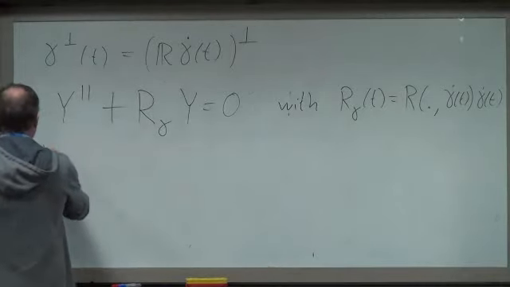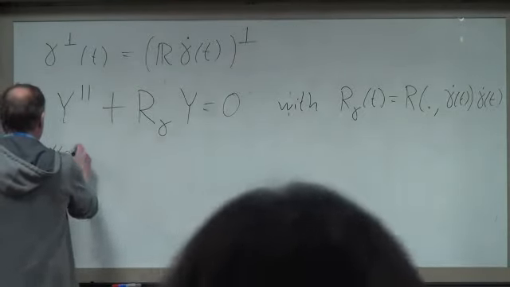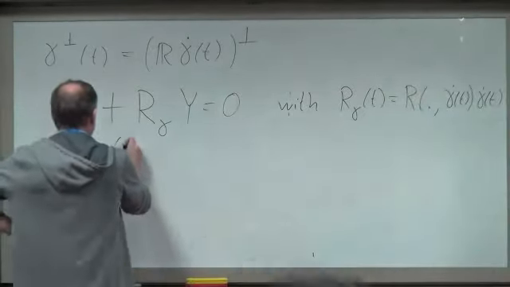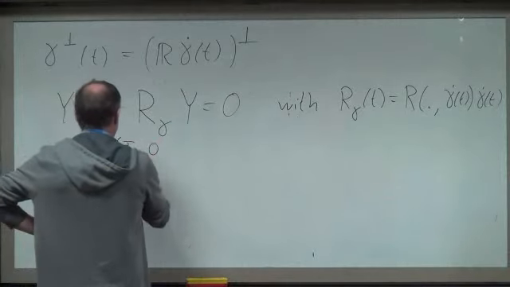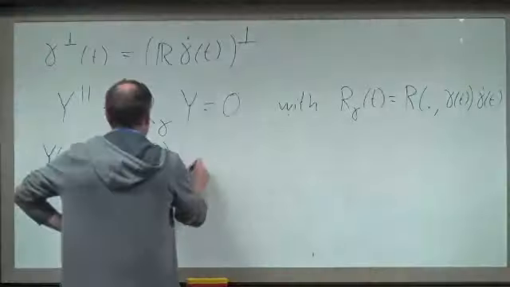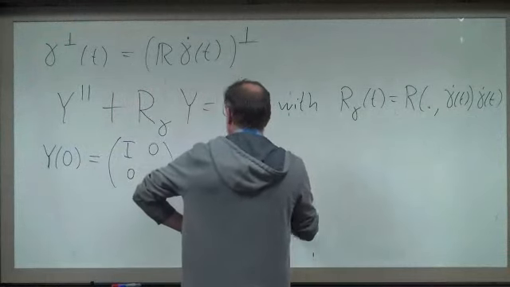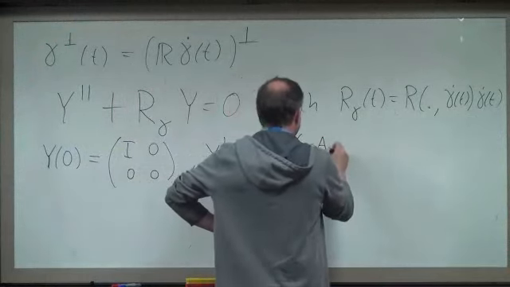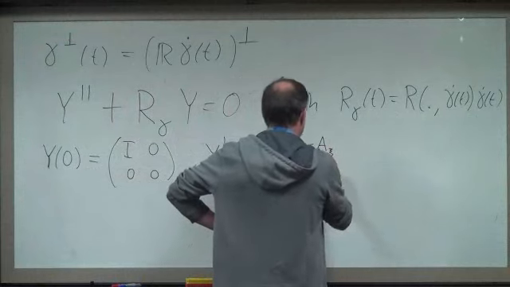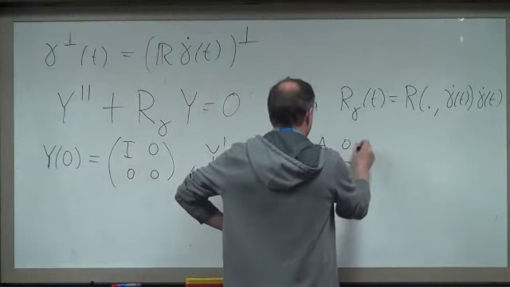So I impose the condition y of 0 is equal to I on 0, and y prime of 0 is equal to minus the shape operator with respect to psi, I on 0.